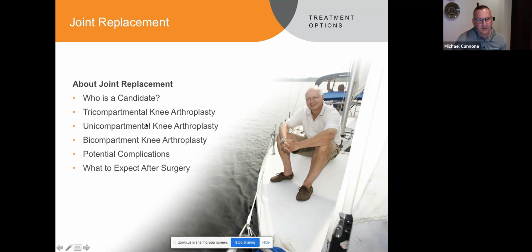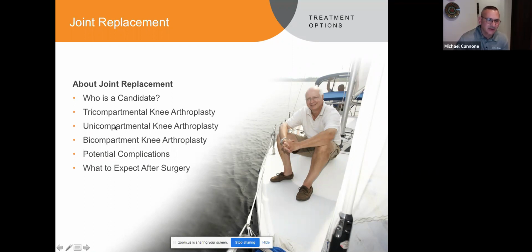With unicompartmental knee arthroplasty, you can get away with replacing the medial compartment, the lateral compartment, or the patellofemoral compartment. Depending on where the patient is symptomatic, how bad the arthritic changes are in the rest of the knee, and whether or not their ligaments are intact will determine whether they're a candidate for this partial knee replacement.